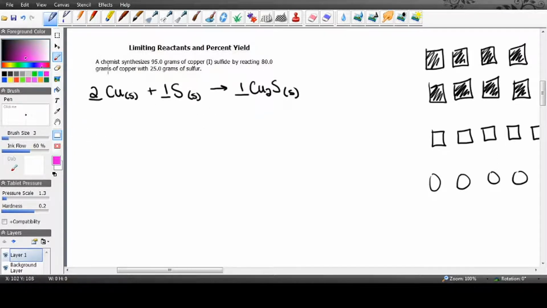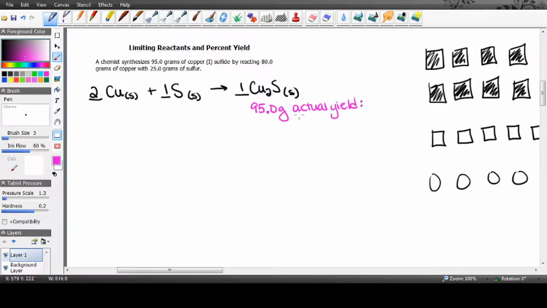So the problem says that a chemist synthesizes 95 grams of product. Remember, the amount that you should be able to make is your theoretical yield, but that's not what this is. This right here is how much we actually made in the lab. So this 95 grams right here, I'm going to call my actual yield.